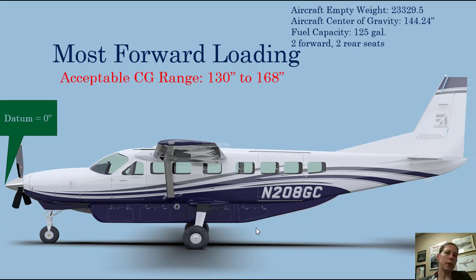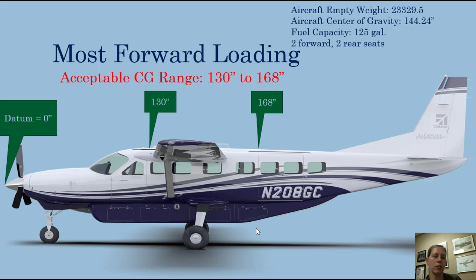So our acceptable center of gravity range is given to us with that aircraft model. And in this theoretical example, it goes from 130 inches to 168 inches aft of our datum. So I'm just going to assume it goes from about this location, 130 inches, to this aft location of 168 inches.